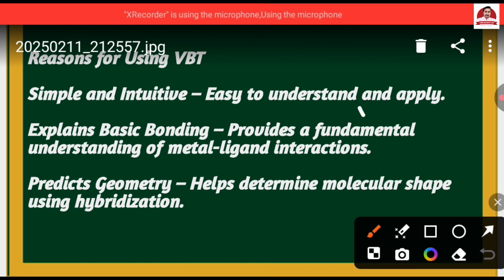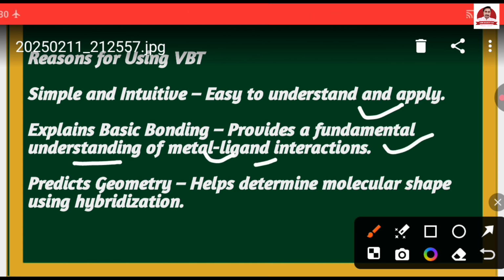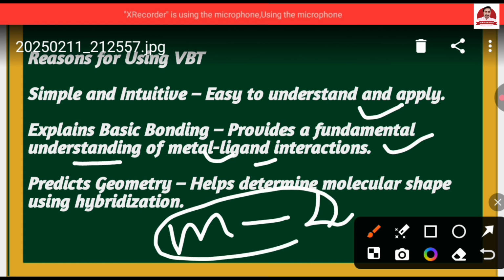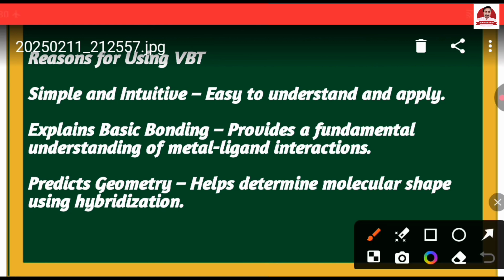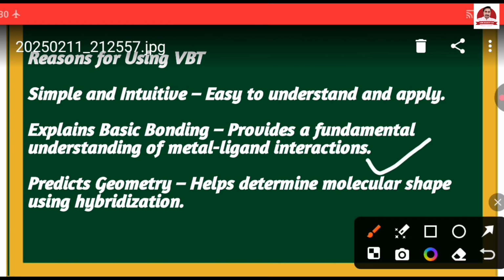It provides a fundamental understanding of metal ligand interactions. Metal and ligand interactions are explained by VBT. Prediction of geometry, or VBT predicts the geometry of the molecule. So it helps to determine the molecular shape by using hybridization.